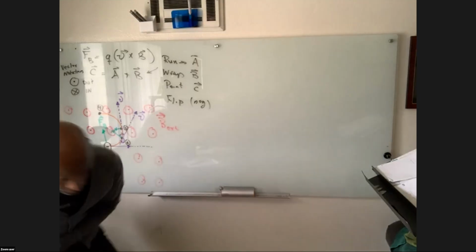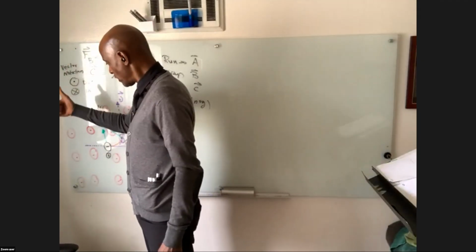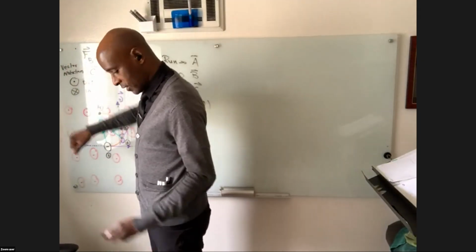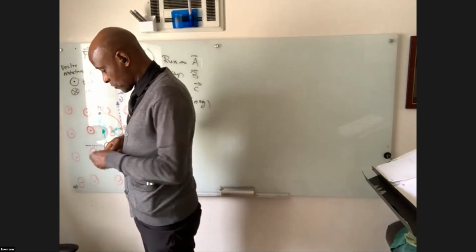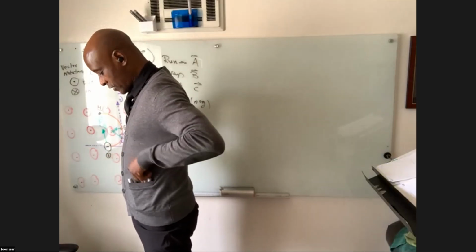Then once you point your thumb out, the direction of the magnetic force will be pointing upward. But then because it's negative, it'll flip and point downward. Very good. Wonderful. So wrap, point, flip, down. So yeah, Angel, that was the question. What is the direction of the magnetic force on the particle at that point?